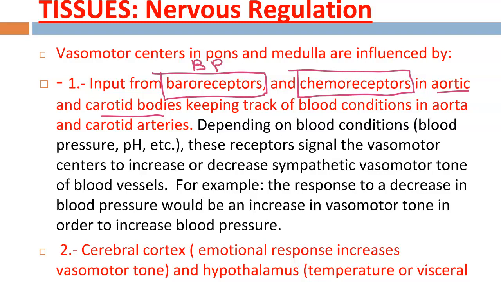Chemoreceptors are going to be sensitive to levels of CO2, pH, and to some degree oxygen. So that's what chemoreceptors are keeping track of. And again, CO2 and pH are the most important ones.